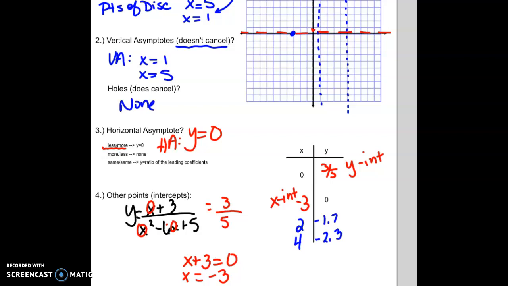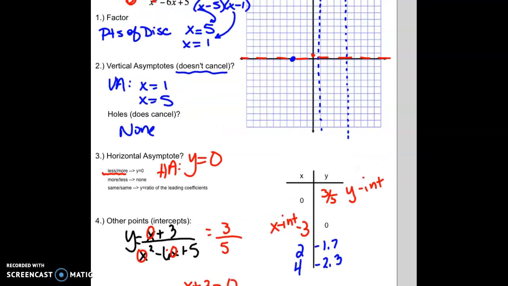Let's go ahead and plot those just so we have a couple points in here to aim at. So we had kind of this upside down U-shaped graph. Try to actually hit your points. Okay? All right. Let's go back to our calculator.